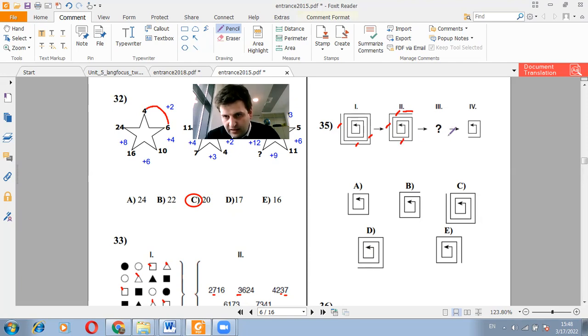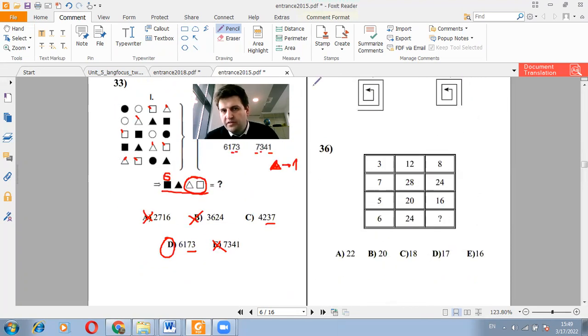And then number 3, the one that we're looking for, should start something like this, and then like this, one more time. Yeah, it should look something like this. It's a sketch, but obviously that's C. If you do it more precisely, you'll see that choice E is the correct one.